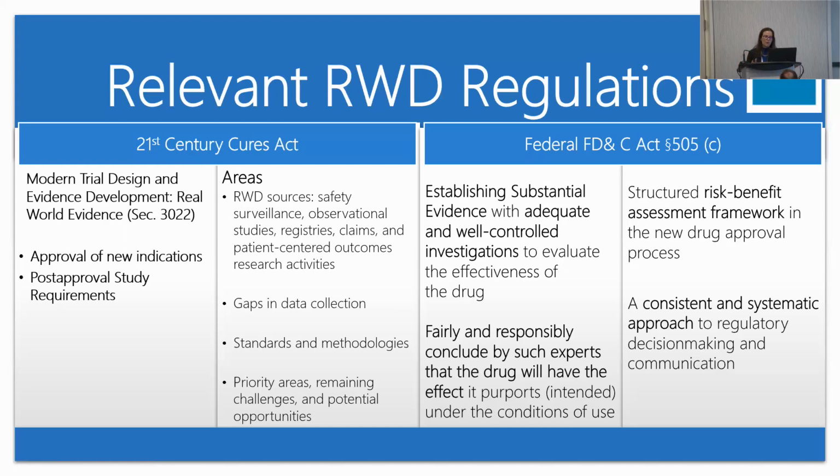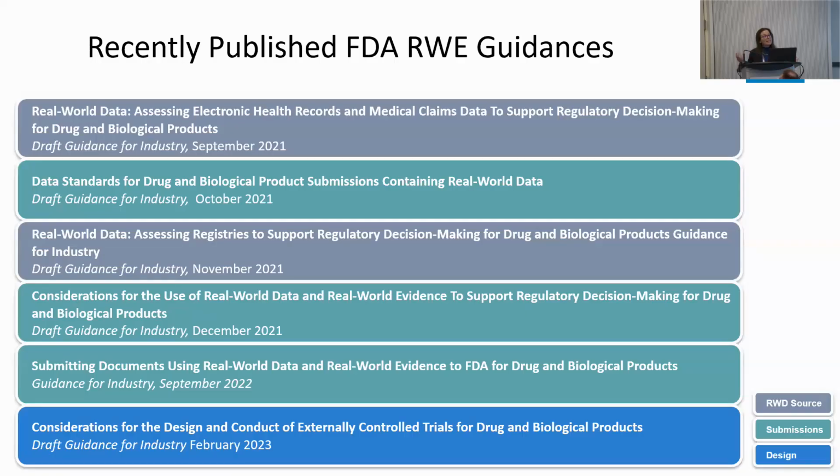So we focus on the use of the regulations for our review process, and that is long-standing. But as the use of RWE has been increasing, the FDA has been responsive to drug development needs through a variety of guidances that have been released, led by the Office of Medical Policy in collaboration with CDER, CBER, and OCE.